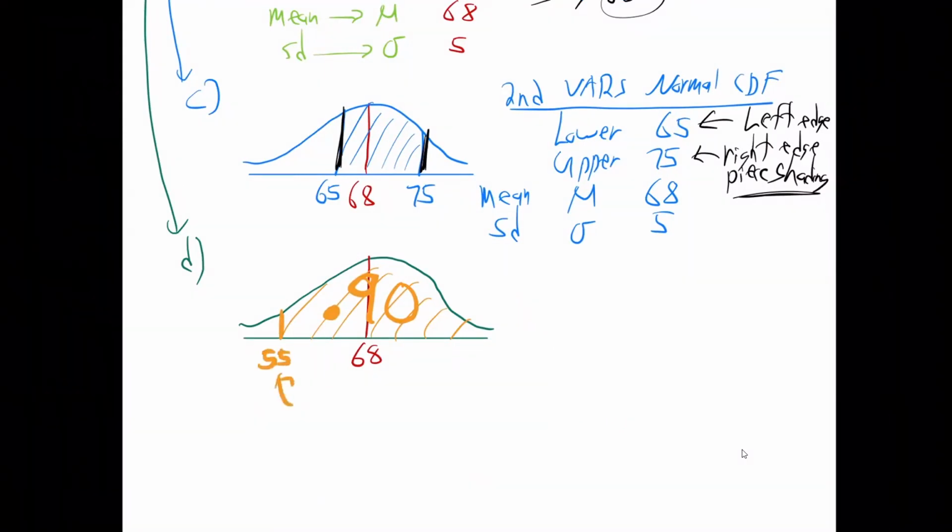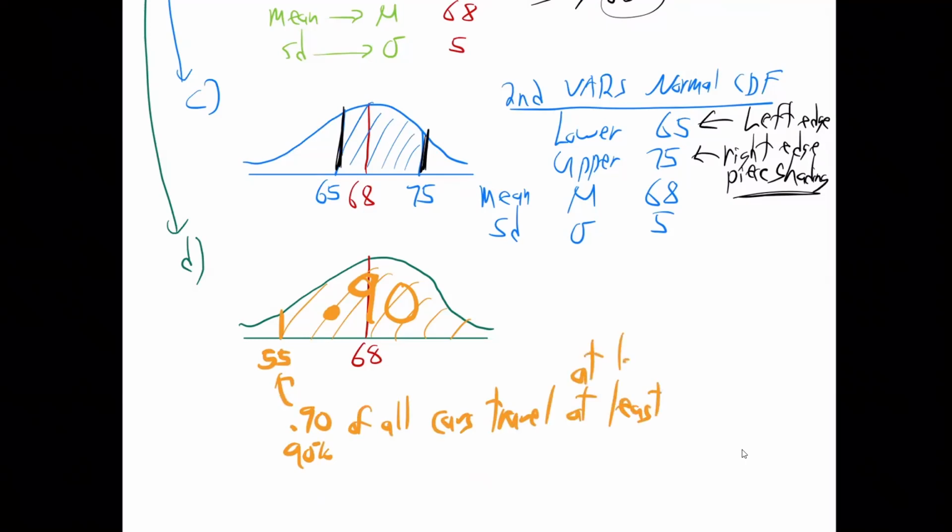So maybe 90% of all cars travel at least, remember, at least means at lowest, 55 miles an hour. I'm just guessing, I'll find the answer in a minute, but let's just pretend it's 55 to help you think about what it's really saying.